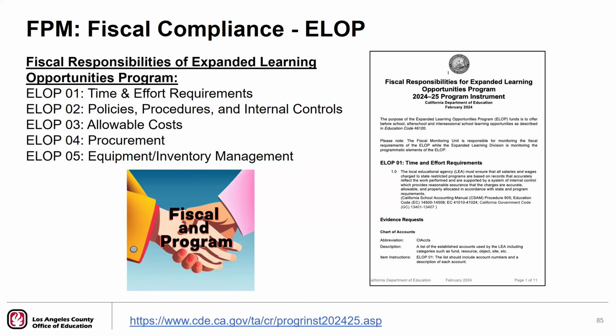The EXLP instrument monitors the program components. The ELOP instrument monitors that financial resources are used to support program objectives, compliance with funding regulations, and accountability of funds. Again, the items monitored are also reviewed in the fiscal monitoring and federal stimulus monitoring instruments.